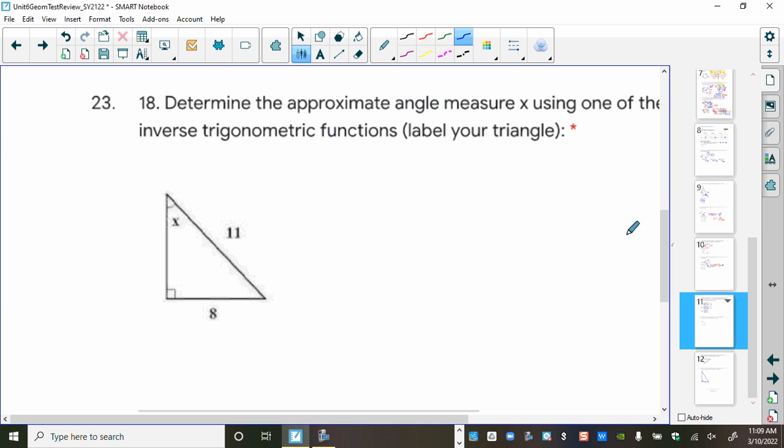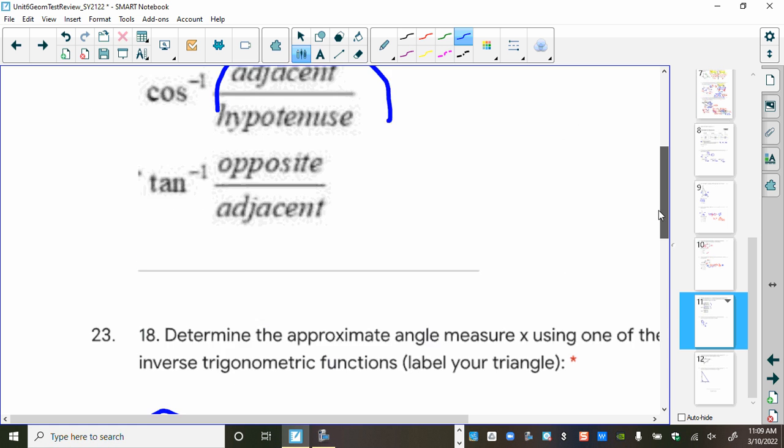So for the first one, here's our angle. What's given to us? But what are they? Well, where's the 8 with respect to the X? If it touches, it's adjacent, but if it's across, it's opposite. So which one out of the three?